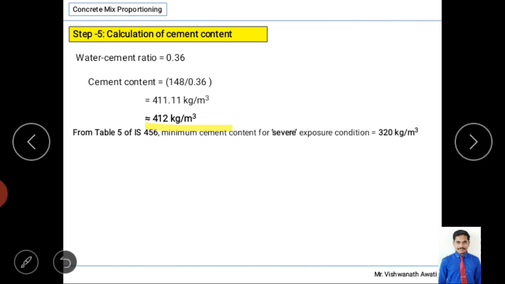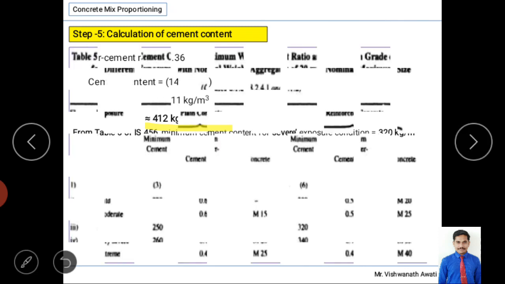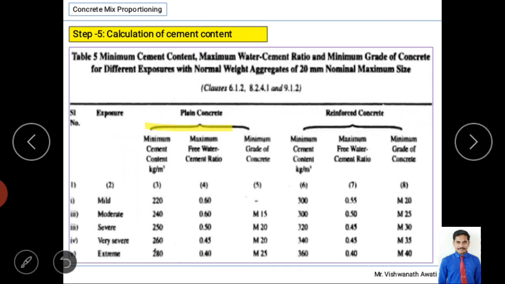Next, from Table 5 of IS 456, they are telling the minimum requirement of cement for severe exposure, correct? Earlier we calculated the maximum water cement ratio. Here for RCC, the first one is minimum. Earlier I told it is a maximum water cement ratio, sorry, they made the correction, it is a maximum.